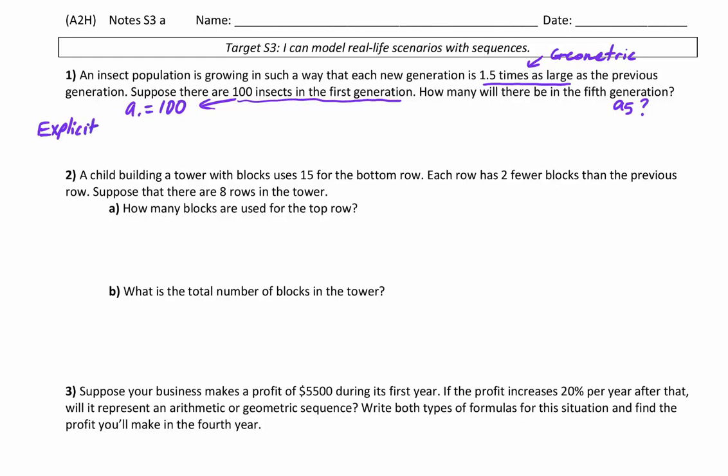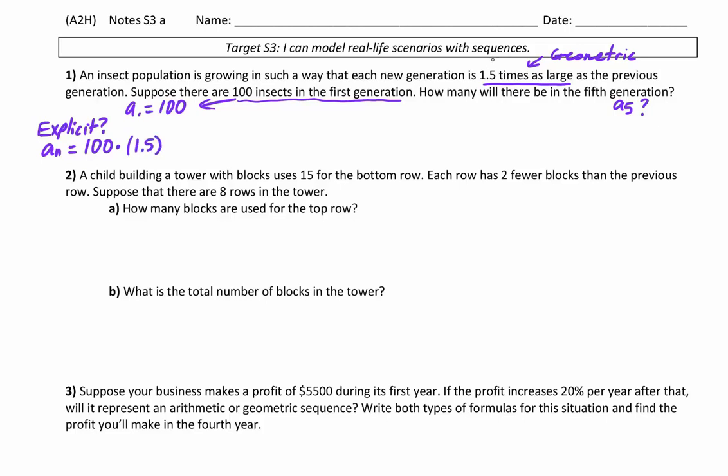So in a way, this becomes a question from the S2 target. What is the explicit formula for a geometric sequence? Well, it starts off with An equals. That's where we want to go, ultimately. We need to know what we're starting with, which is 100 bugs. And because it's geometric, we're multiplying. Now, the value that we're multiplying by is 1.5.